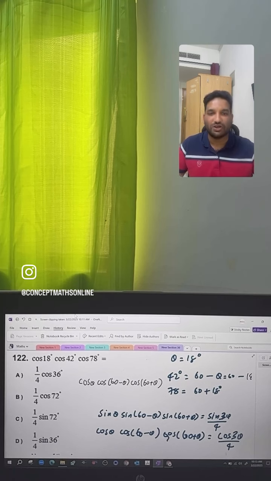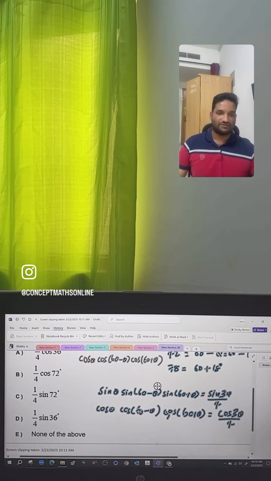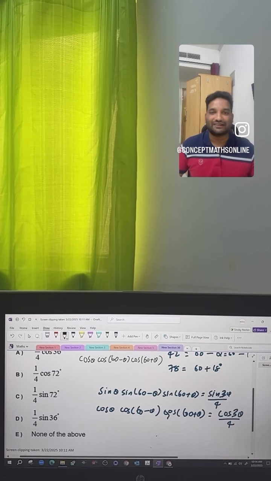You can remember denominator 4, numerator 3 theta. Similarly for tan, tan theta tan 60 minus theta tan 60 plus theta is tan 3 theta, with no denominator.